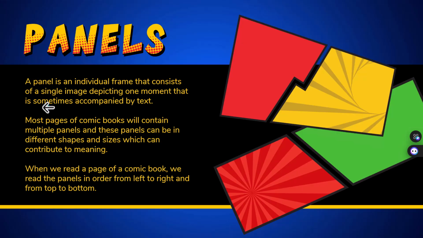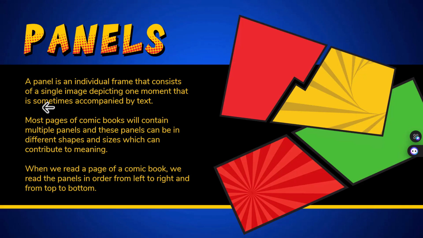Most pages of comic books will contain multiple panels, and these panels can be seen in different shapes and sizes, which can contribute to meaning. When we read a page of a comic book, we read the panels in order from left to right and from top to bottom.